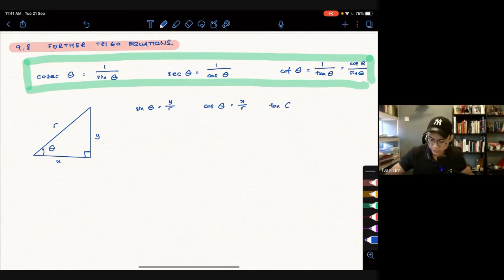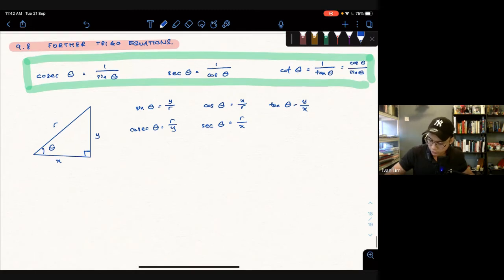Tangent theta equals to y over x. Okay, so we learned that cosecant theta is the inverse of sine theta, which is 1 over sine theta. So your value here will be r over y. Secant theta is the inverse of cos, so it will be r over x. And then cotangent theta is x over y.